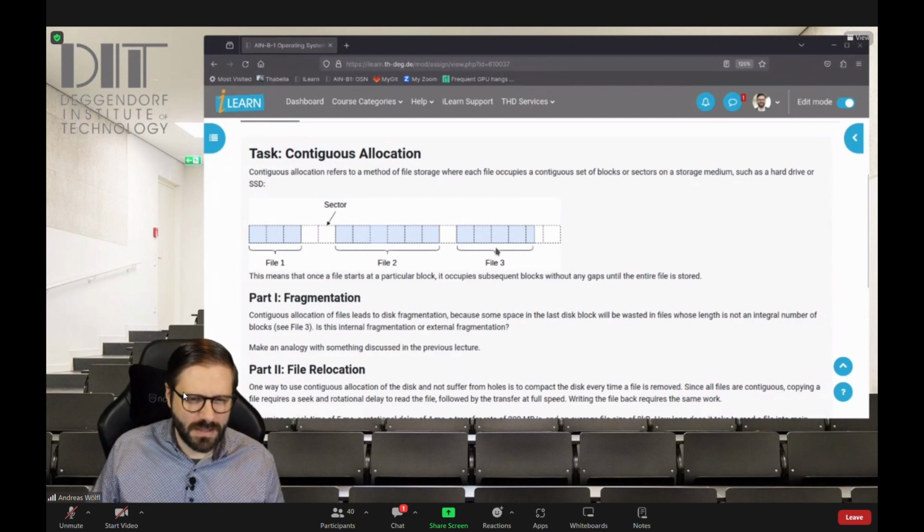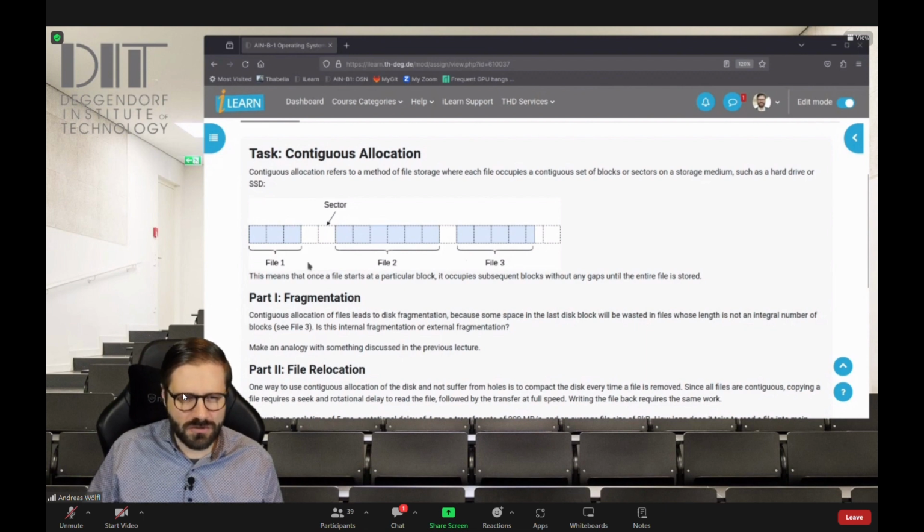Internal fragmentation is what happens at file 3, for example, where you allocate space in certain chunks, like a disk block, or in 8-byte alignment, as in the example of memory management. If you require just 2 bytes out of the 4 kilobytes that you get from allocating a disk block, then this is called internal fragmentation.